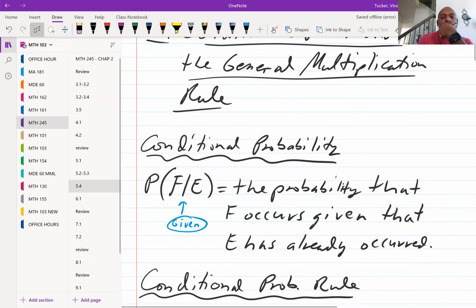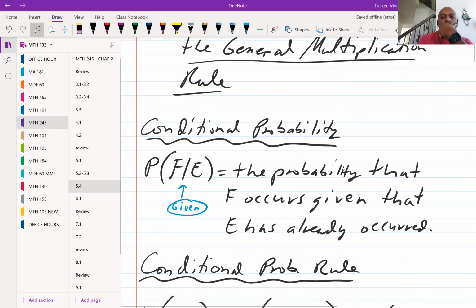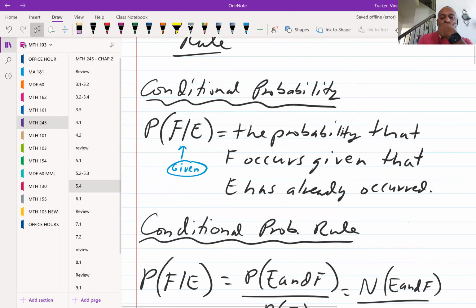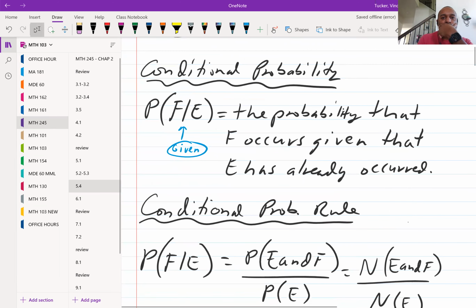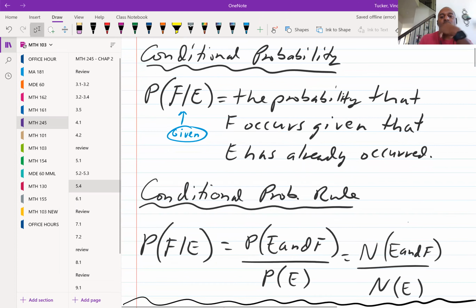All right, so that's the rule. This is how we will calculate it. The probability of E and F over the probability of E, or the number of E and F over the number of E. It just depends on what information you have.